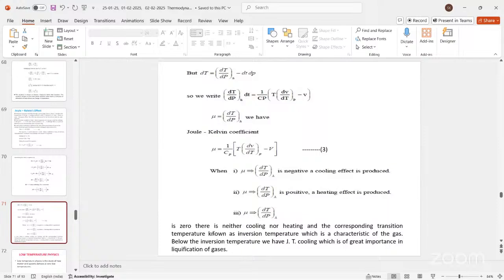When mu is 0, there is neither cooling nor heating, and the corresponding transition temperature is known as the inversion temperature, which is a characteristic of the gas. Below the inversion temperature we have JT cooling, which is very important in the liquefaction of gases.